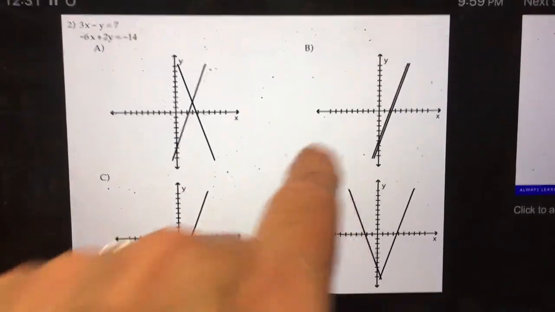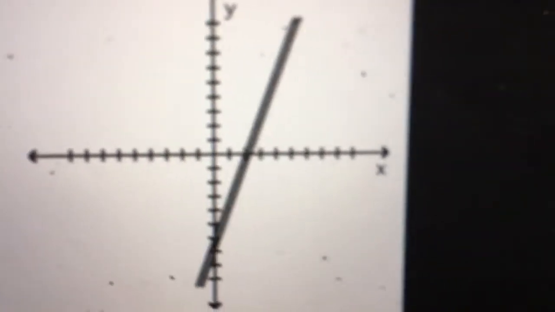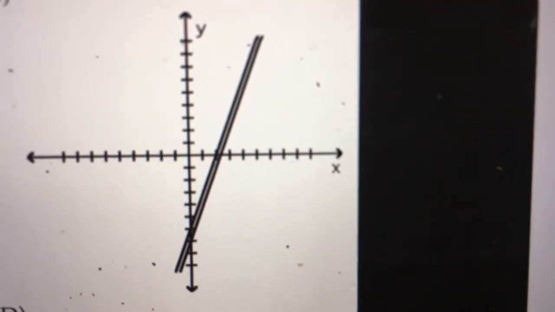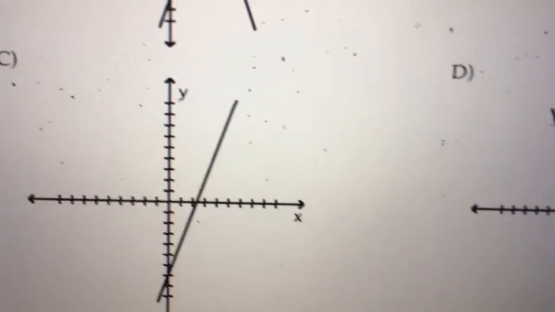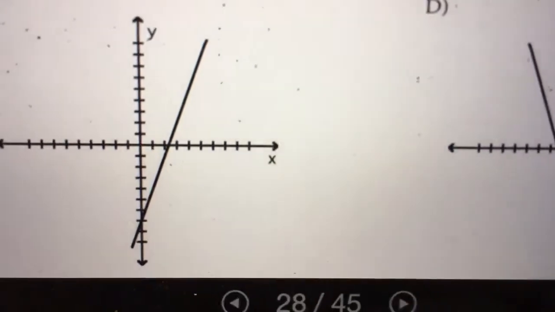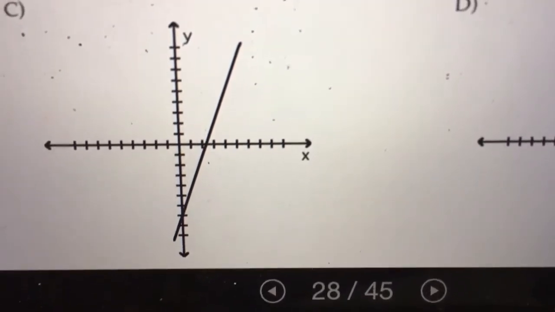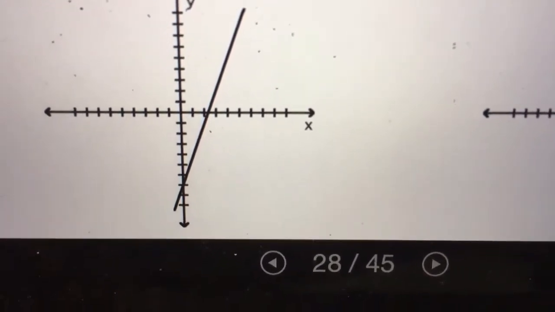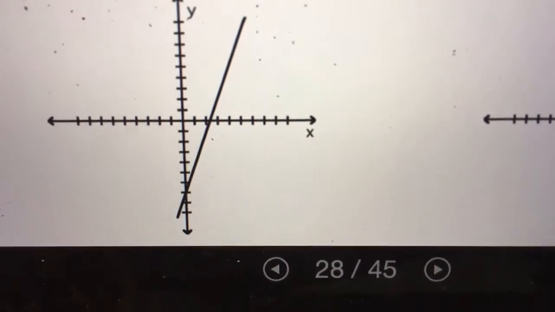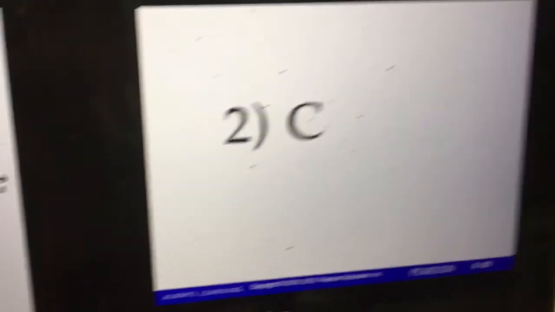This one up here, B, if you look real closely, is actually two lines very close together. But this one right here is one line, and it has negative 7 as the y-intercept and a slope of up 3 over 1. So the answer is C.